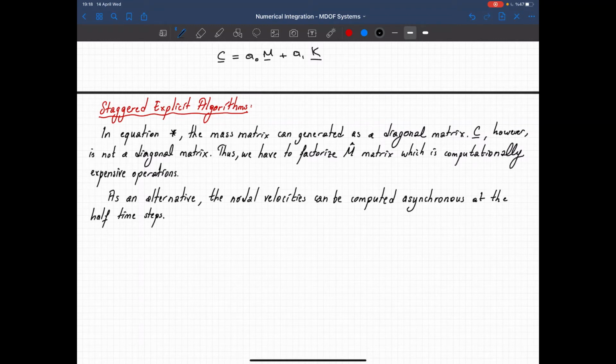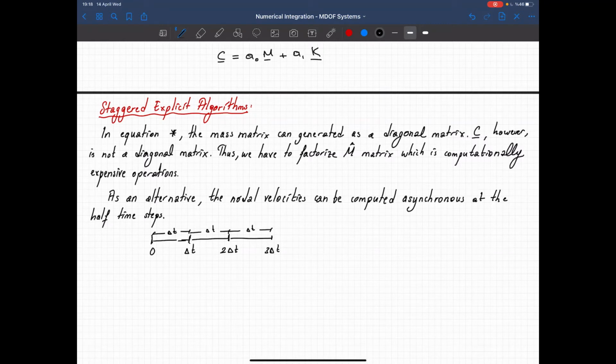So what does that mean? Remember that this is 0, we have delta t, 2 delta t, and 3 delta t. That's how our algorithms work, right? At every delta t distance, we calculate the nodal velocities, accelerations, and the displacements.